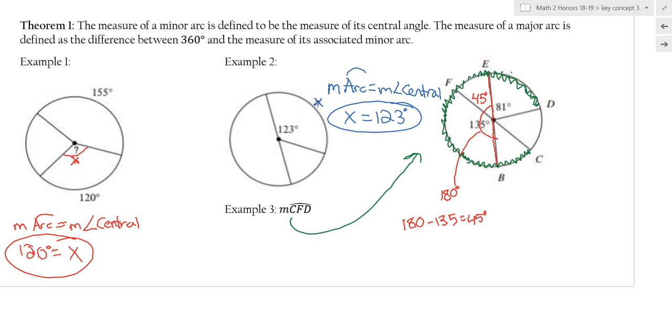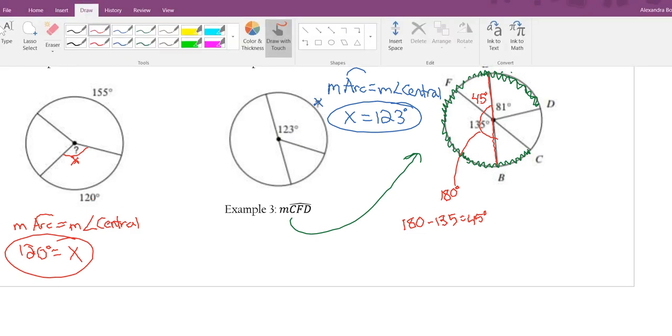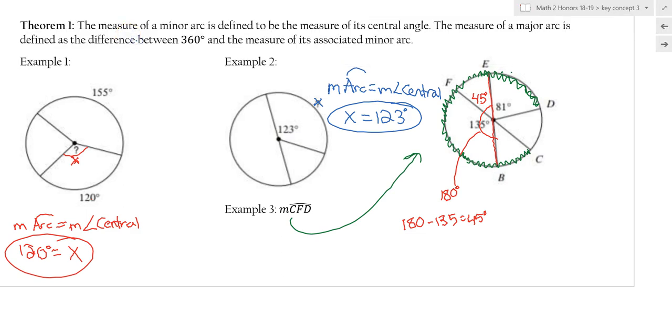The next thing I know is if this is 45 degrees, then this is 45 degrees, because these are vertical angles. Okay? Remember those angles that use the same lines, are the same measurement. That's something we learned last year.